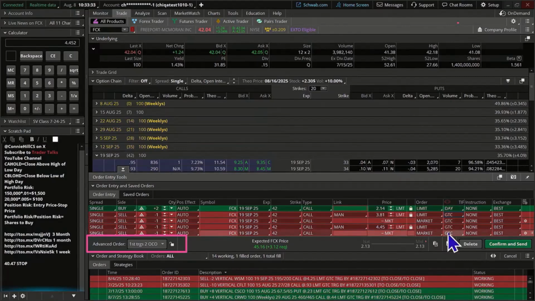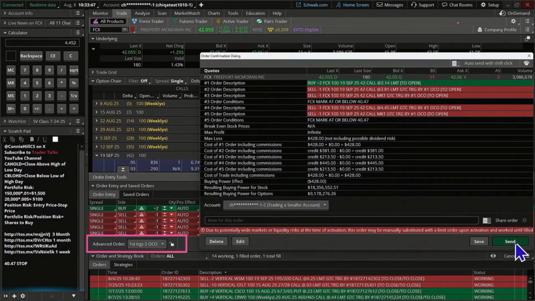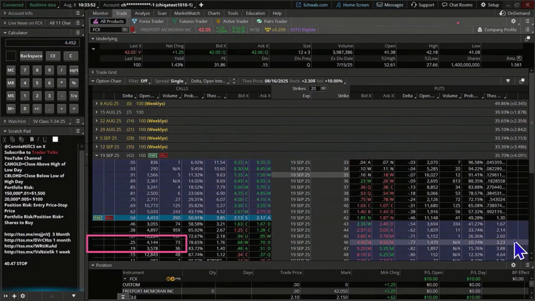You could change this order type in your working orders. Let me go ahead and send it through here. And let's put this in, trading a smaller account, we might have to pay a couple cents more. That's all right, we can deal with it. Oh, built this a little cheaper, 210, awesome, we'll take it.